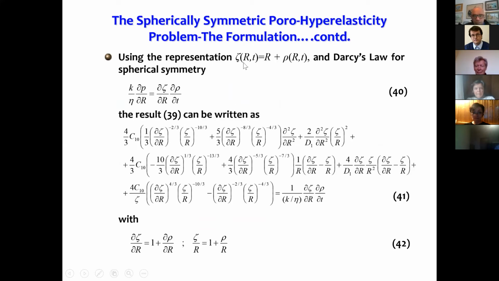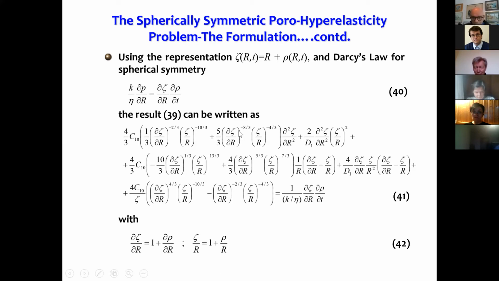I can use a representation, which means that the current coordinates will be the undeformed coordinates plus the displacement, and Darcy's law and spherical symmetry gives us this result. Again, the problem becomes very complicated in terms of the mathematics behind it, but the mathematics is correct, in the sense that there is nothing we can do beyond this.